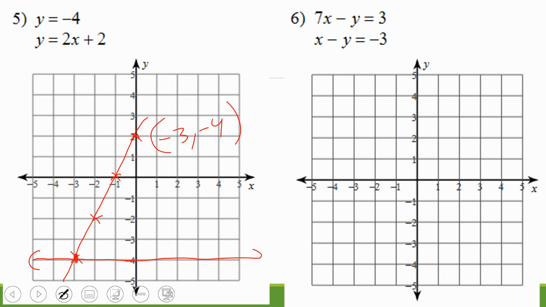The second one, I need to solve for y first. The shortcut with that negative 1 there is just to change both of these signs.